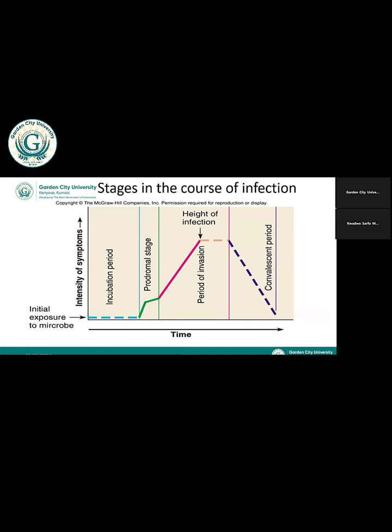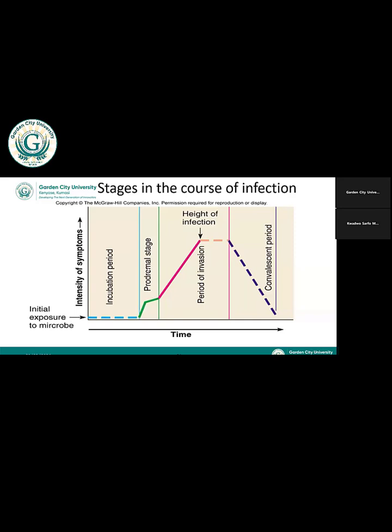So once someone comes into contact with it, you have initial multiplication of the organism, where the individual does not feel much of the symptoms. So the symptoms are non-specific.